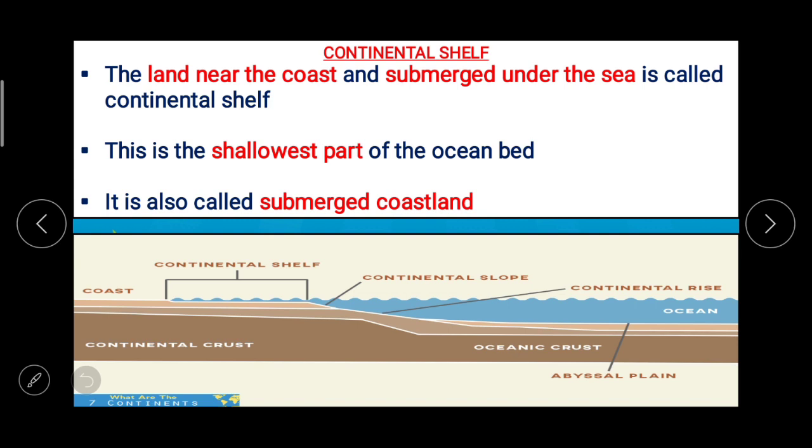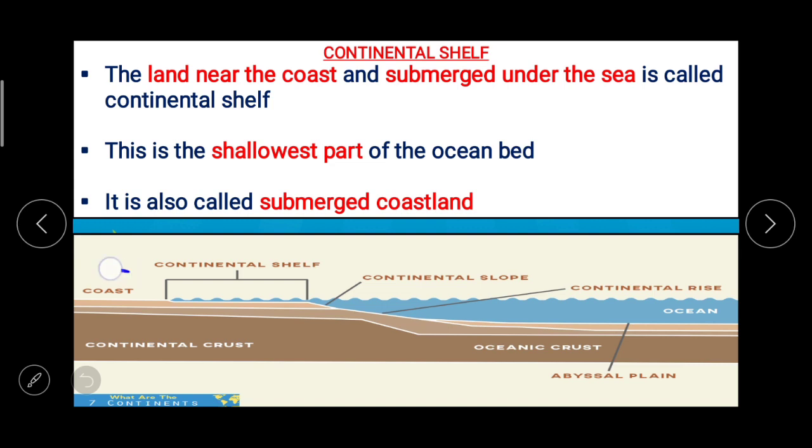Now next to the relief of ocean floor, there is continental shelf. The land near the coast and submerged under the sea is called continental shelf.